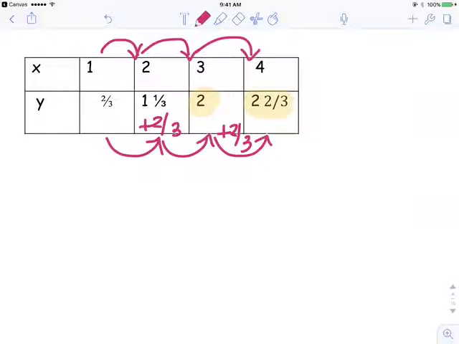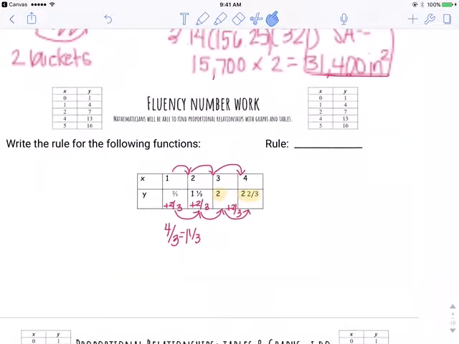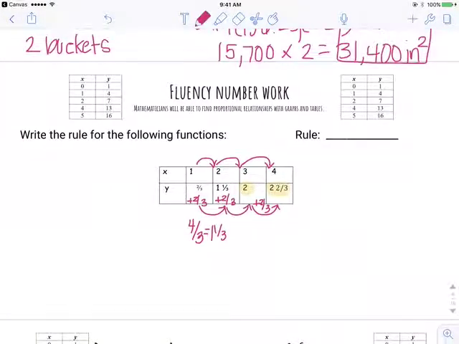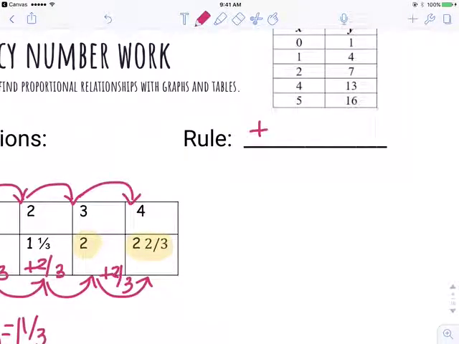So 3/3 gives me a total of 1 whole, and 1 plus 1 does give me 2. So that checks out. So I'm going to go back over here and I'm going to say, okay, well, is 2/3 plus 2/3 1 1/3? So that gives me 4/3, and that is 1 1/3. So I know that my rule to my function is plus 2/3.